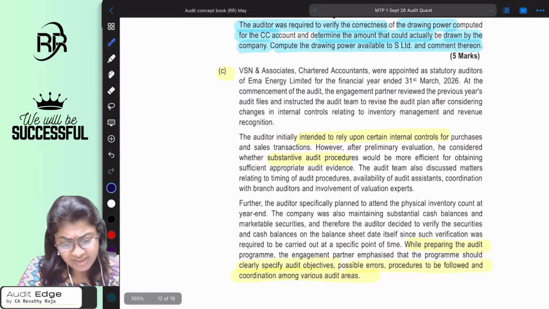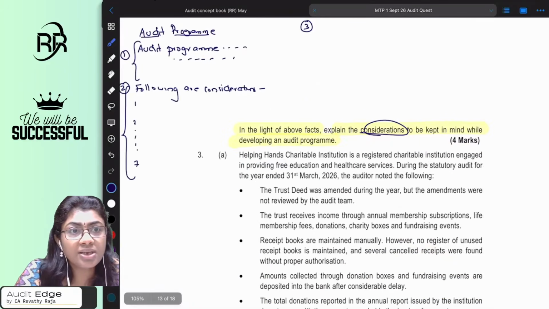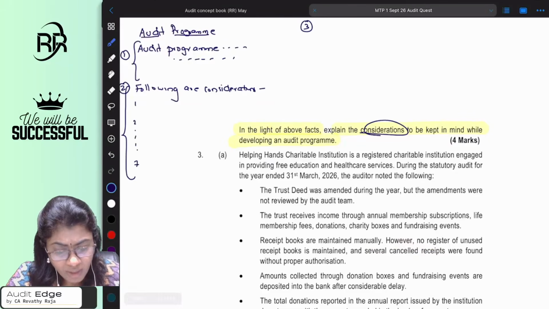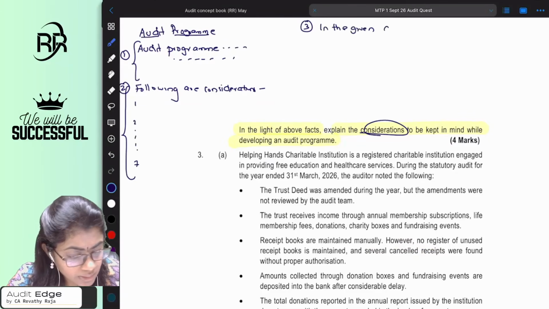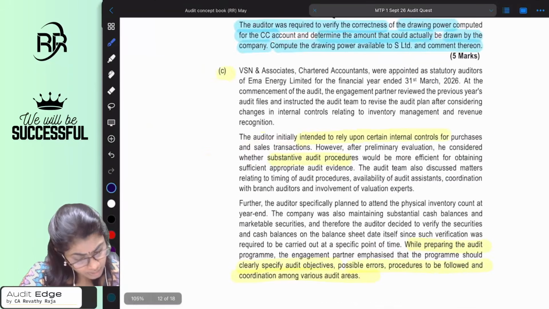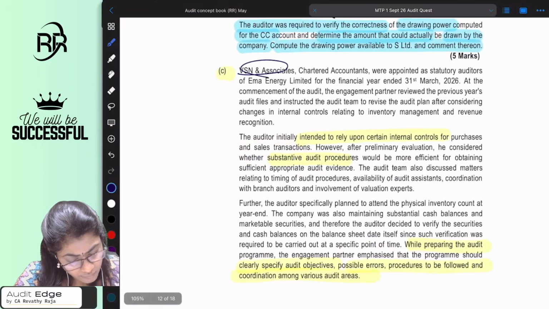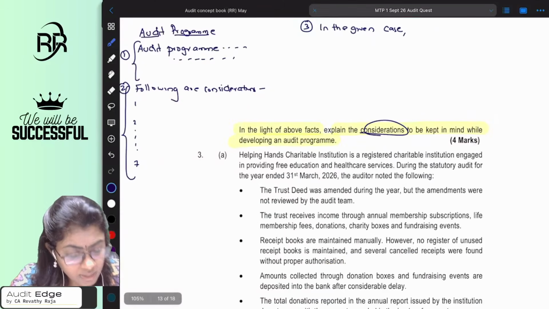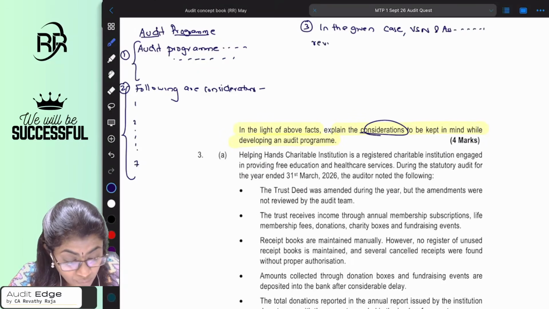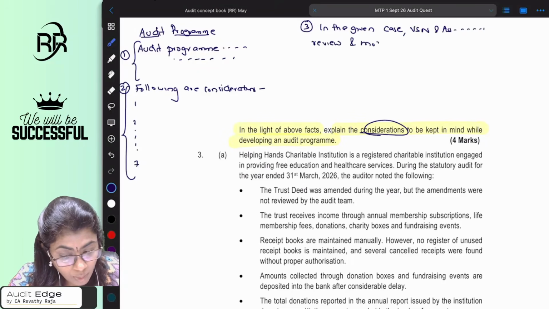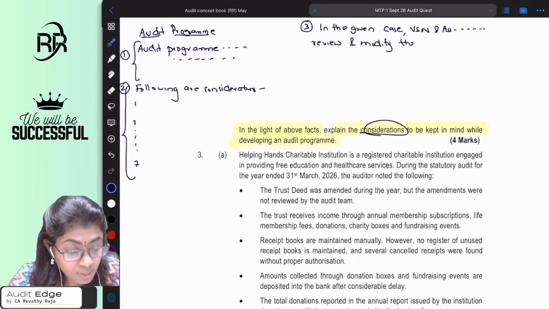So it's a case study, so just give a conclusion. Hence, in the given case, VSN and associate, the auditor shall review and modify the audit program.